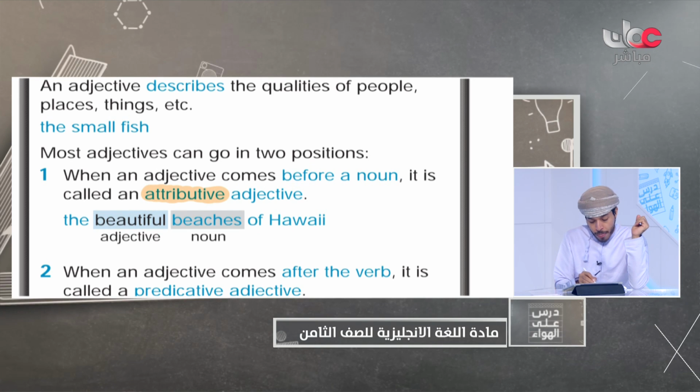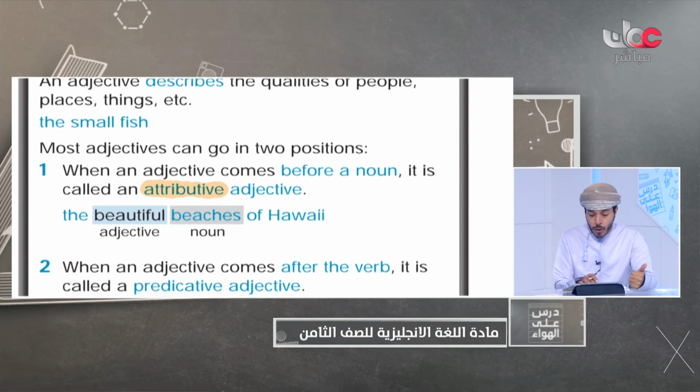The adjective comes before the noun, قبل الاسم. So adjectives that come before the noun, we call them attributive. Say it with me: attributive adjectives. Good. These are attributive adjectives because they come before the noun.